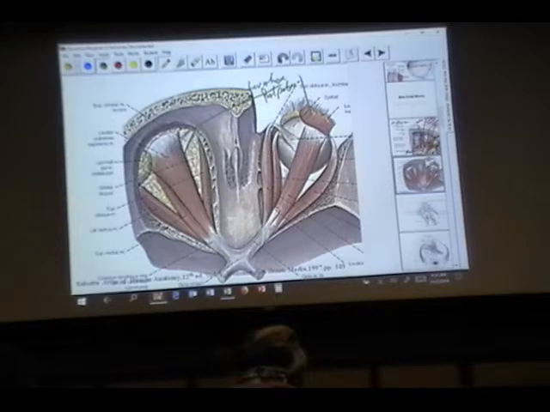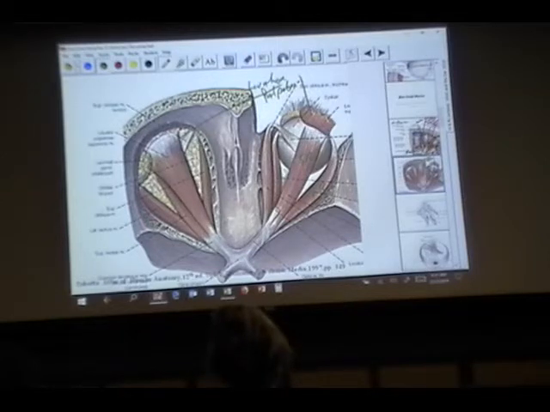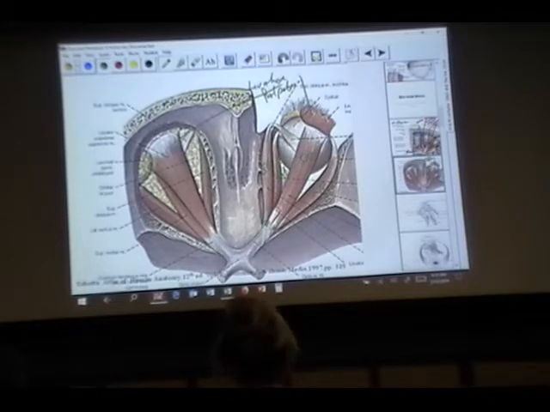Over here, but then here's superior rectus, lateral rectus, medial rectus, superior oblique over here. They all come from a point of attachment back here that surrounds the optic nerve in the back, and anchors these muscles to the back of the orbital bone.